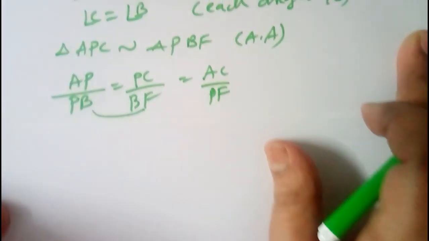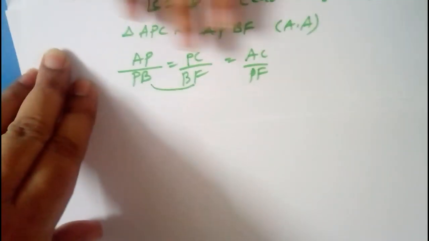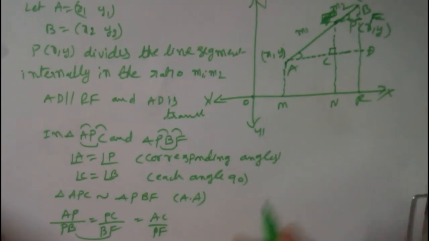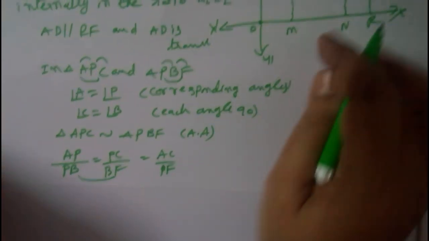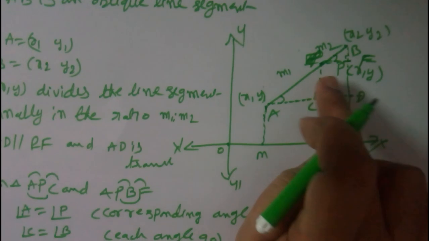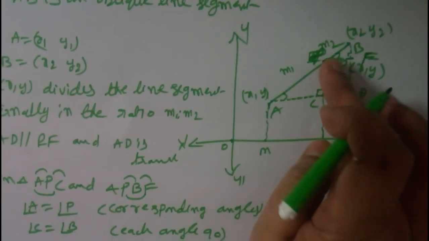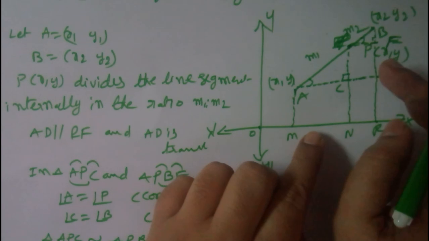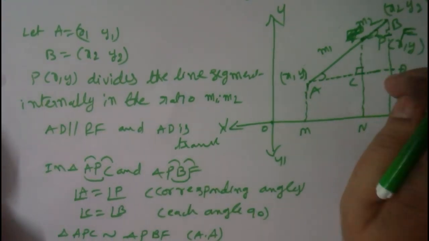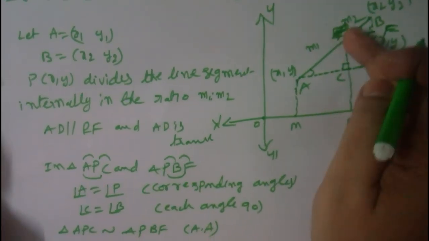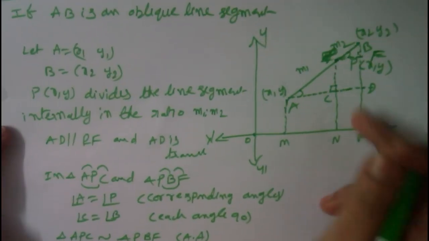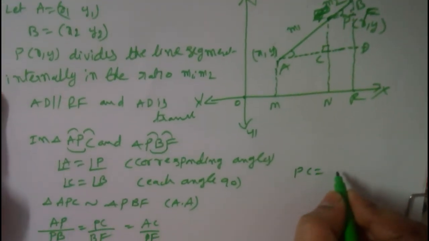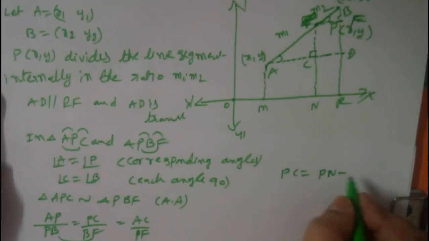Now here, AP is M1, PB is M2. Now we have to find PC and BF. What is the PC value? PC is equal to PN minus CN.